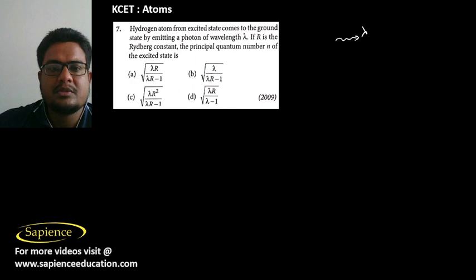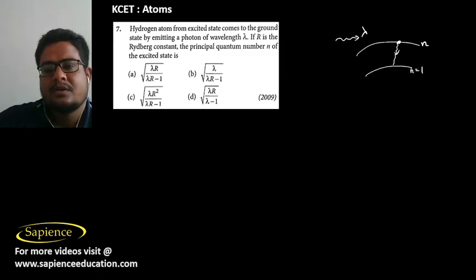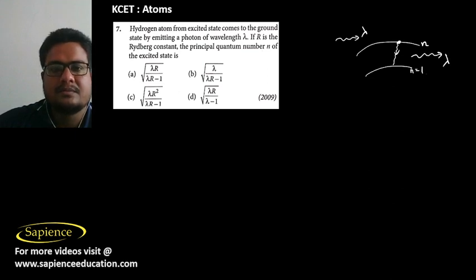If R is the Rydberg constant, the principal quantum number n of the excited state is? So from this excited state n, the electron comes to the ground state, which is n equal to 1, and emits a photon of wavelength lambda.